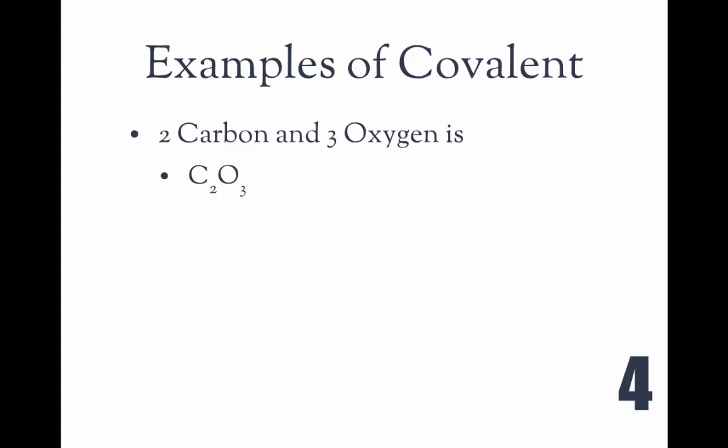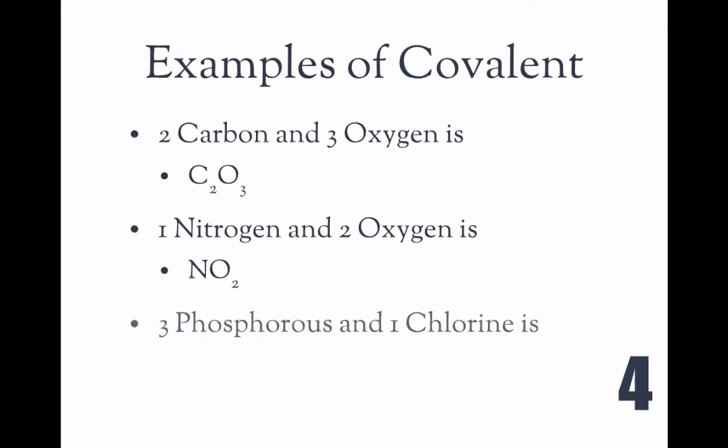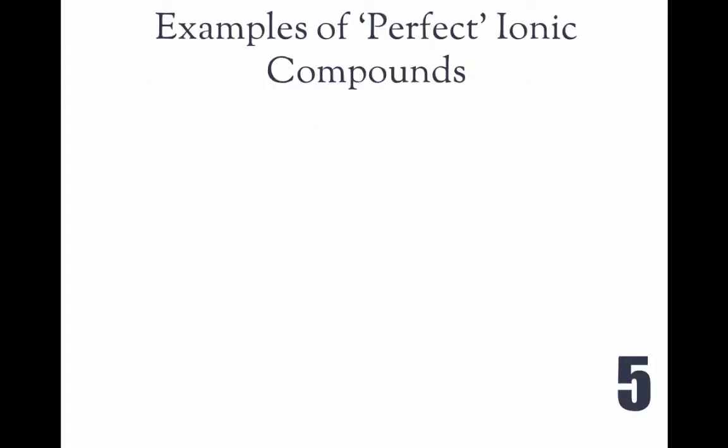C2 means 2 carbon. 1 nitrogen, 2 oxygen makes NO2. 3 phosphorus and 1 chlorine would make P3Cl. Notice that if we only have one of something, we don't always write the number 1. Just stop doing that. It's like in math again. If you have one of it, you just write the letter.